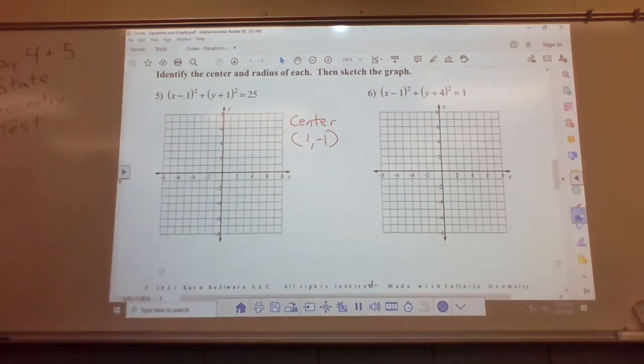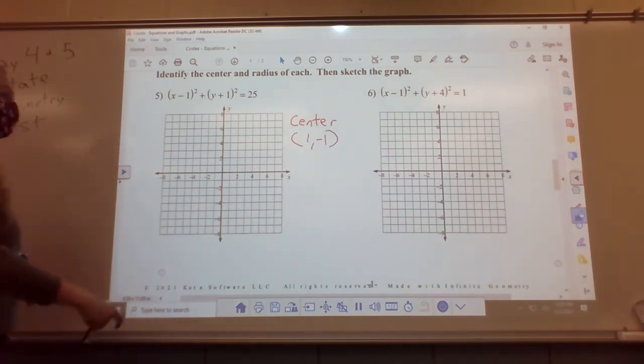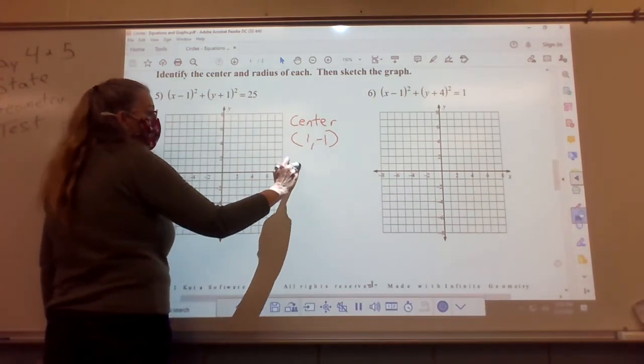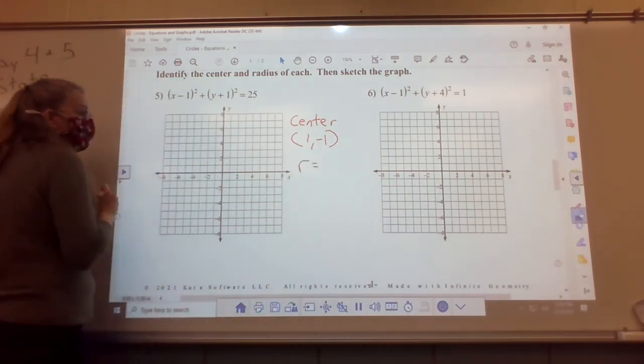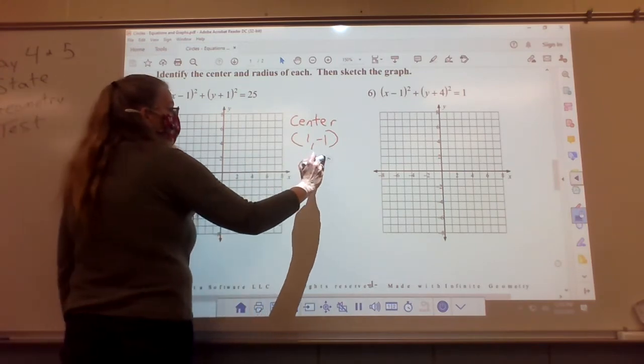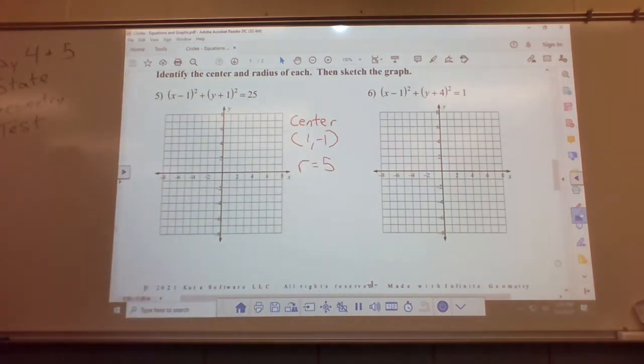That's my center. The last number is 25, which is the radius squared. So if radius squared is 25, radius is going to be what? 5. Because I can take the square root of 25 and get the radius.